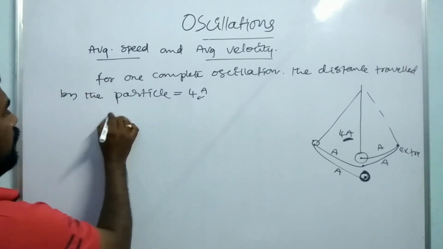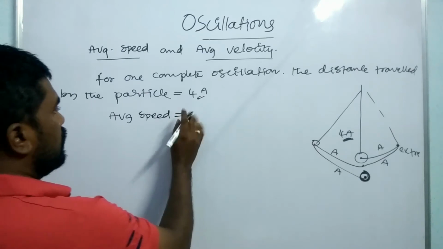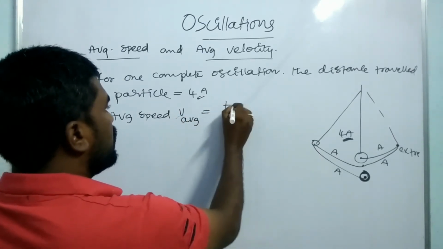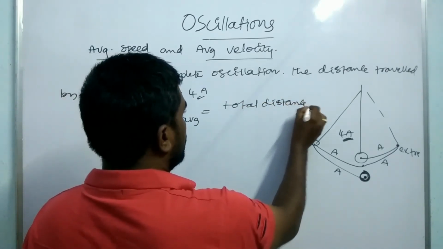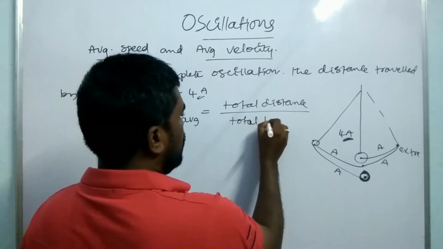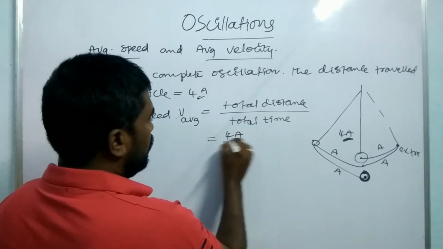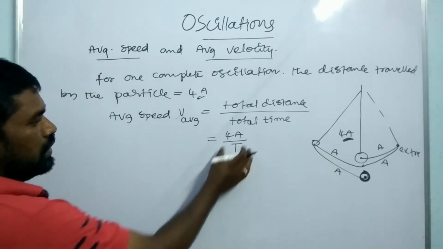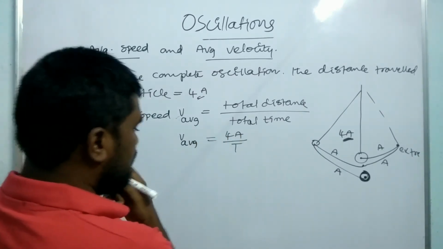So therefore average speed, V average, is equal to total distance by total time. So total distance is equal to 4a, and total time is one time period, to complete one oscillation. So this is the V average. So how can you write that?